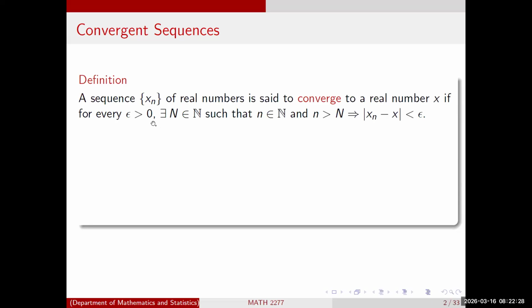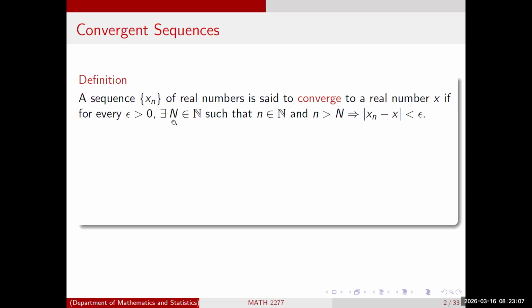And what does this mean? It means for any epsilon, there exists, so no longer delta, but a natural number, big N, so big N is fixed, such that if you take any other natural number, little n, bigger than this capital N, the distance between those corresponding terms and this number, x, this limit, is within epsilon distance.